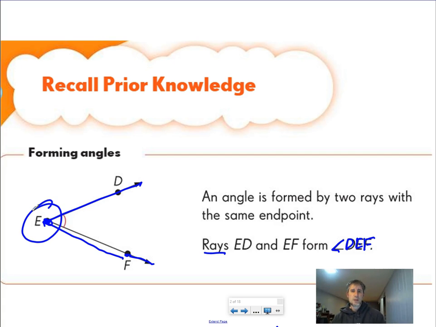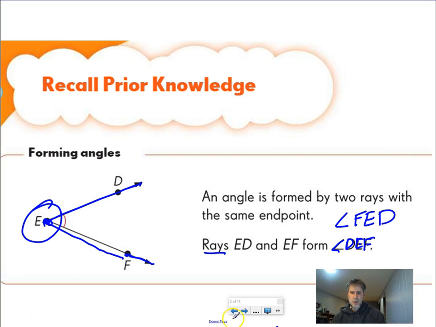Hopefully from your vocabulary you've reviewed that where two lines come together is a vertex, and this would be vertex E, and because it's in the middle, E has to be in the middle. I could name this angle FED because I could swap around the letters, but I have to have E in the middle because it is the vertex.